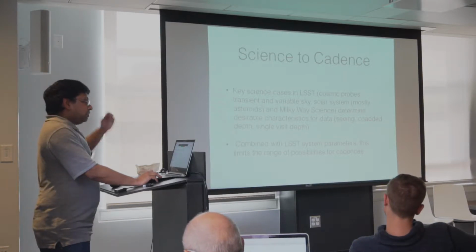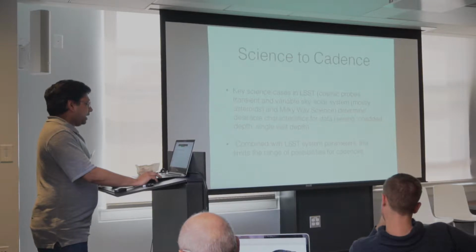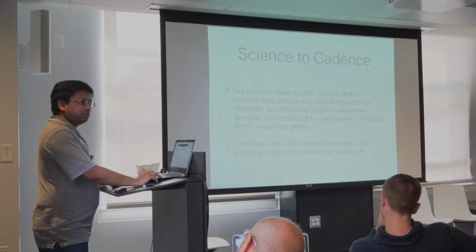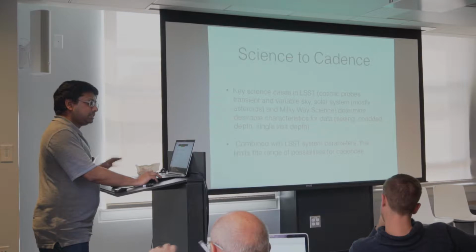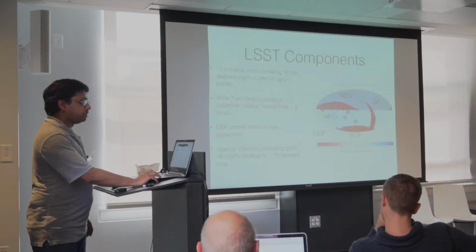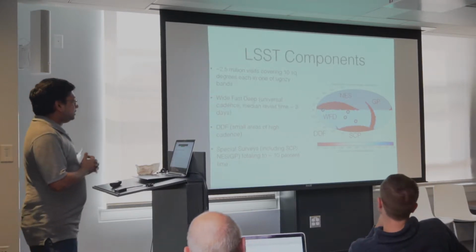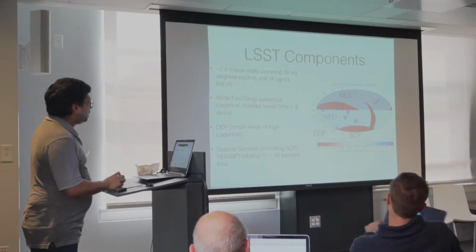And that determines all of the desirable characteristics of the data. And when combined with the system of LSST, the hardware and the data processing, that limits the range of possibilities for cadence. So these are the components of LSST.